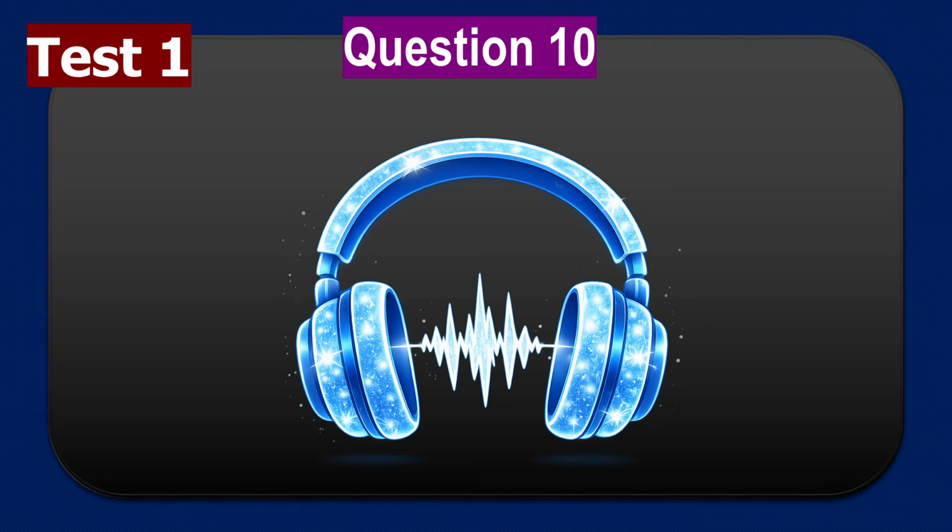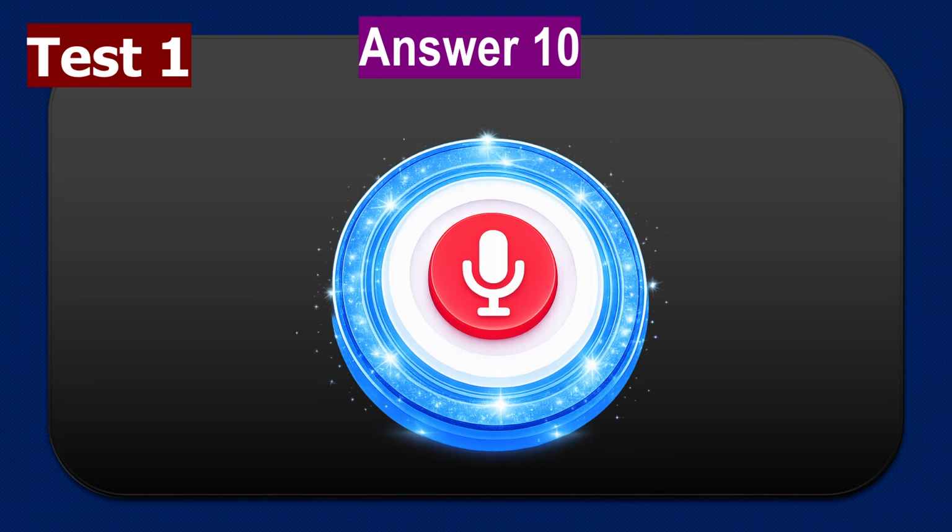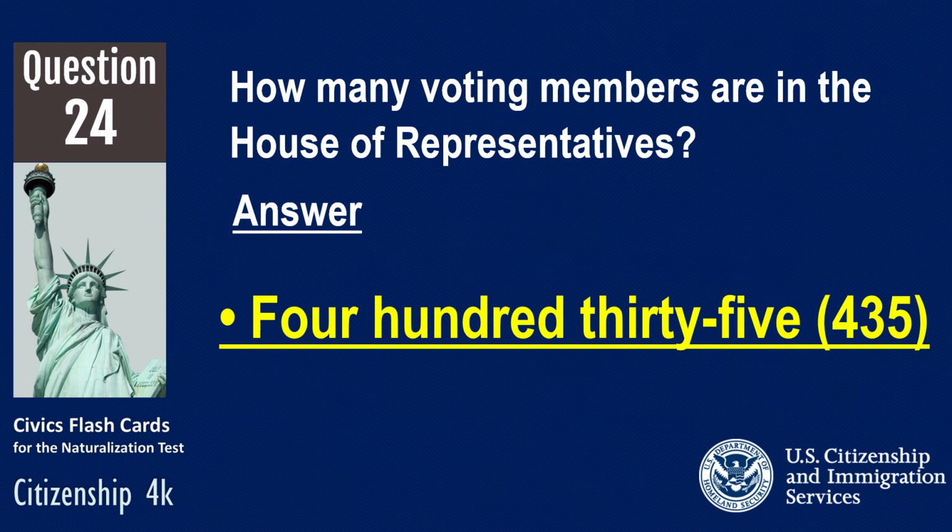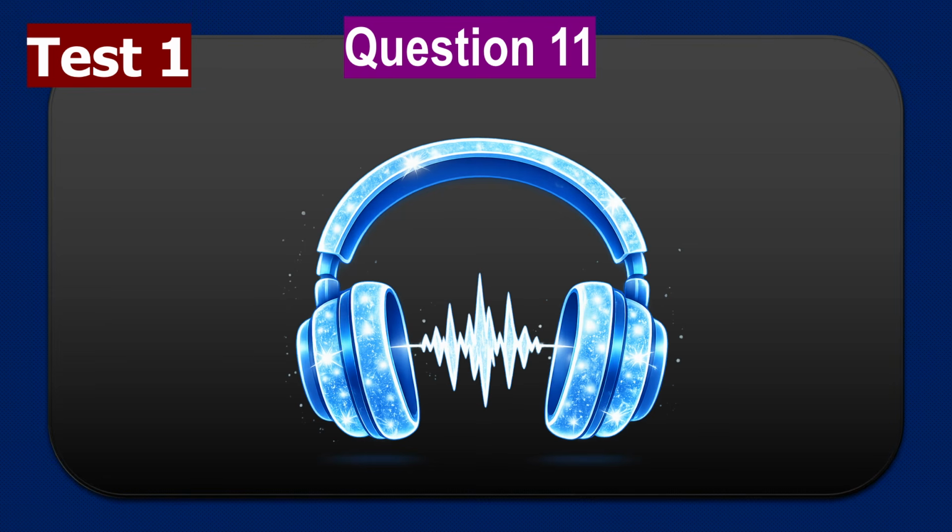How many voting members are in the House of Representatives? 435. The Federalist Papers supported the passage of the U.S. Constitution.